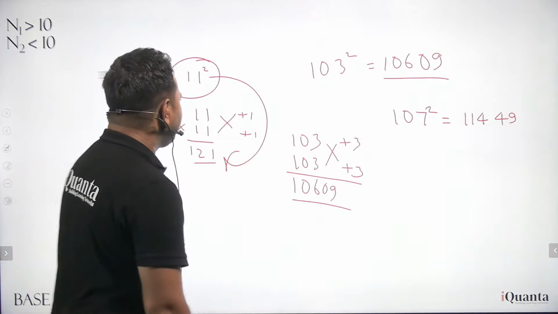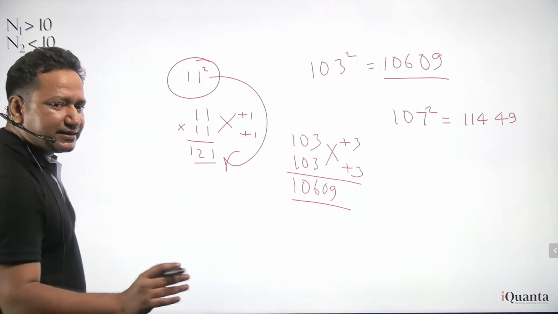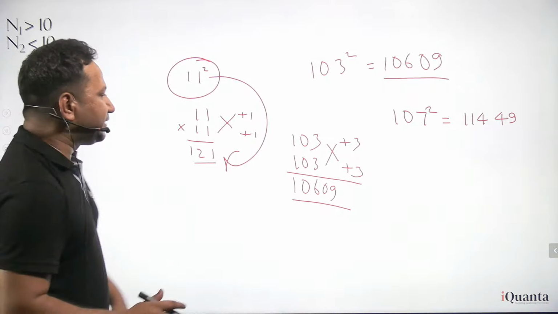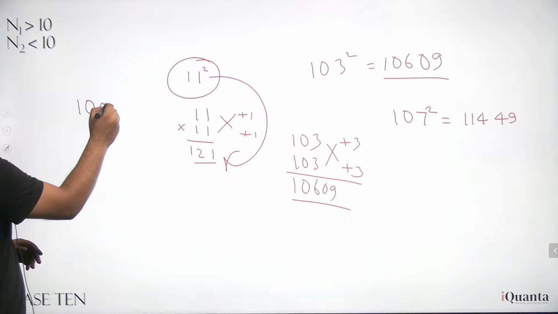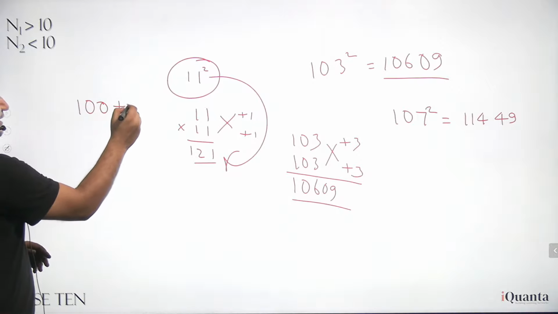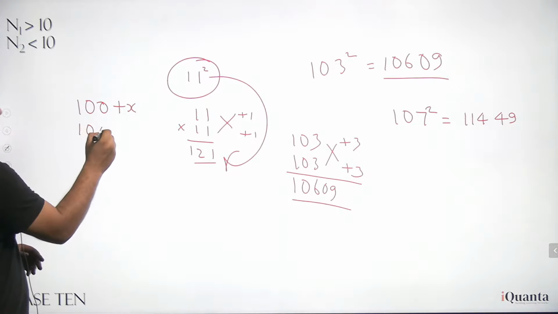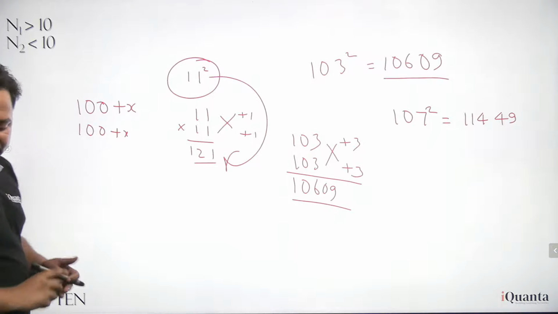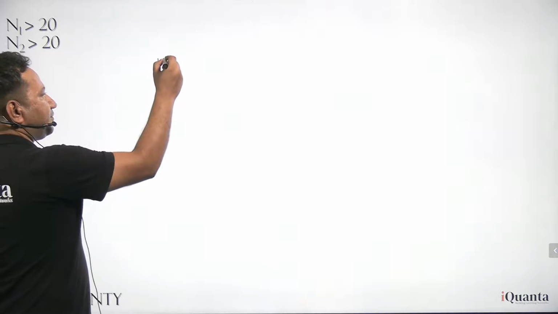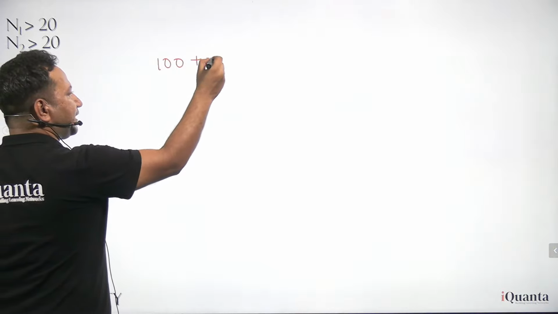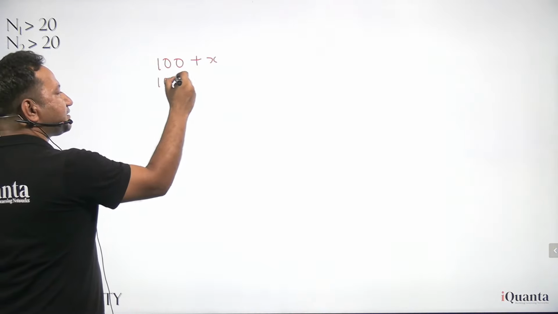It's the same thing. What is happening? Let us understand it in terms of algebra. Can I say I can write 100 plus x over here and 100 plus x over here? Is that fine? Let me change the slide. There are two numbers, 100 plus x. I have to find the square, and 100 plus x.